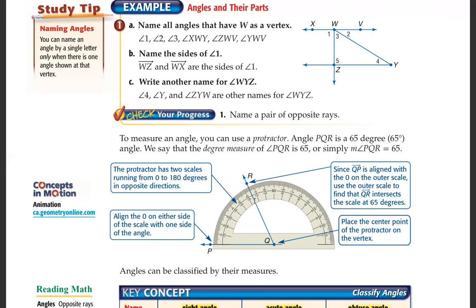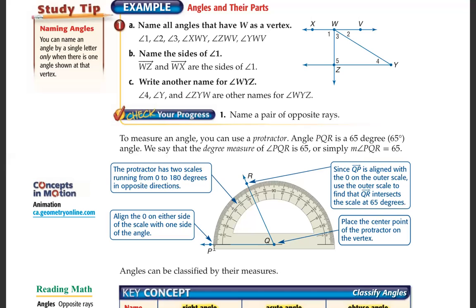No, we don't read the 120 because this is where the first side lies. So we read it from the 0. This is 0, 10, 20, 30, 40, 50, 60, 61, 62, 63, 64, 65. So 65 degrees.